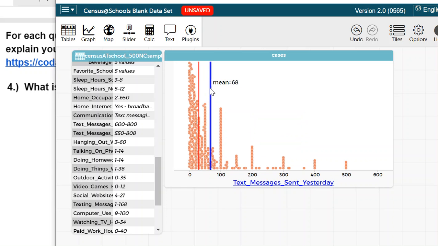Now, the mean, remember, is the average. And remember, you had all these 400 and 500 that were dragging the average toward the right. That's what we called skew right, because it's on the right side and it's skewing. It's dragging the average in a direction that is not necessarily a good one. You have less than a dozen people up here that are dragging this center to the right.